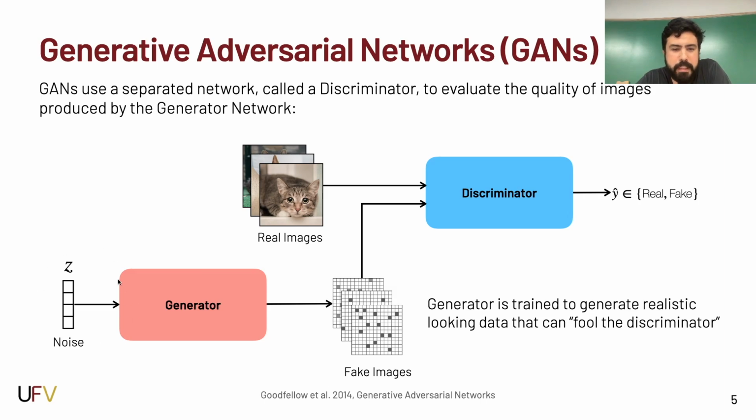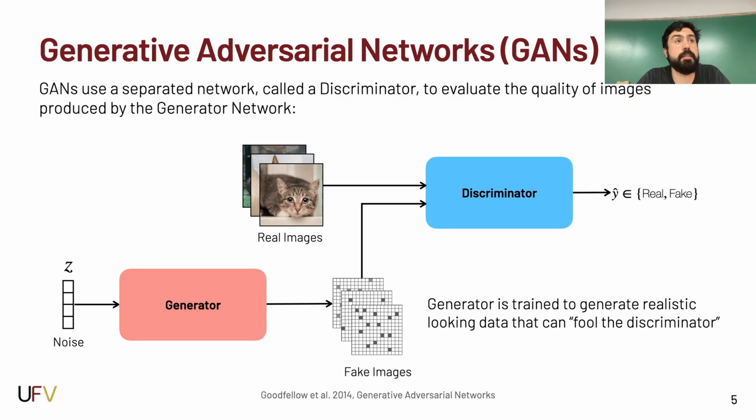There is one part here I didn't talk about, which is similar to VAEs. We have to give an input to the generator, right? We cannot produce anything from no input. There's no way to start a network from no input. So the way we start the generator is normally with Gaussian noise, or any type of noise.